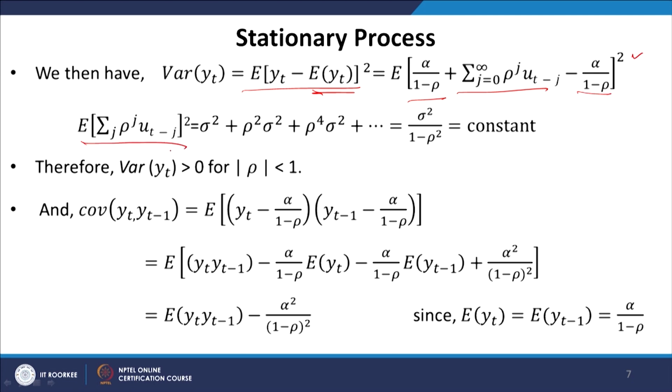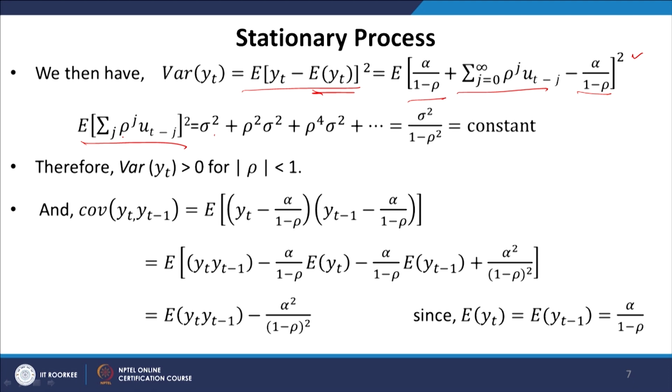Now, this expression is actually equal to sigma square plus rho square sigma square. If I expand this expression, I will first have u t, then rho u t minus 1, then rho square u t minus 2 and so on.